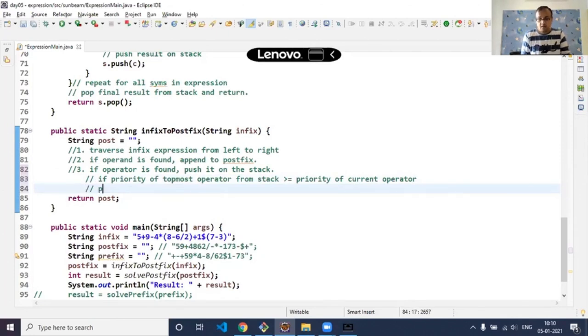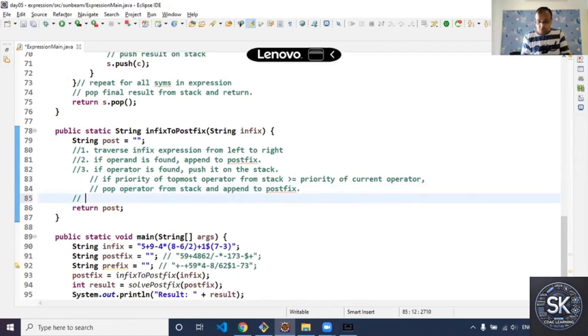I say that pop operator from stack and append to postfix. All right, append to postfix, and this is something we need to do. कोई बात नहीं, you continue further.